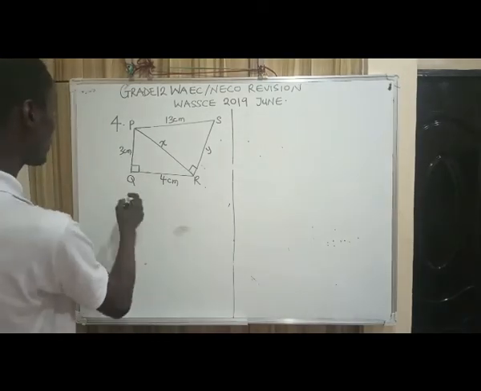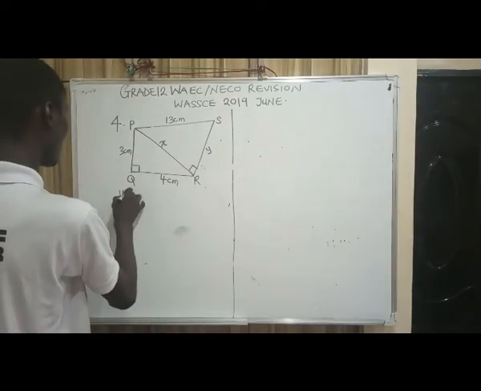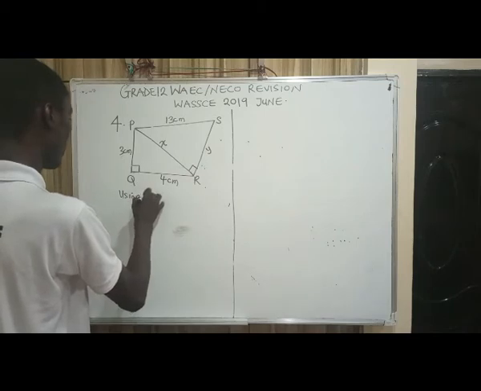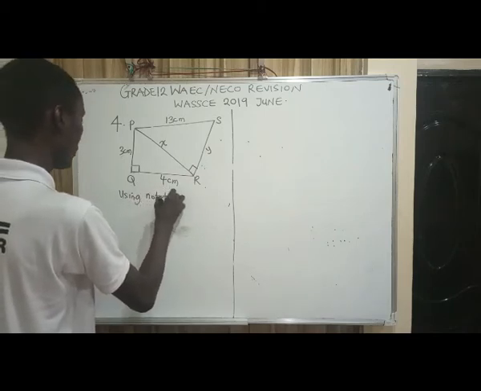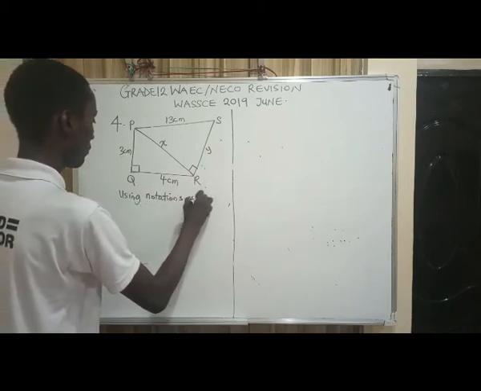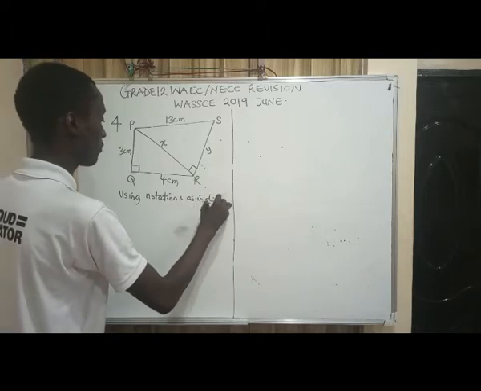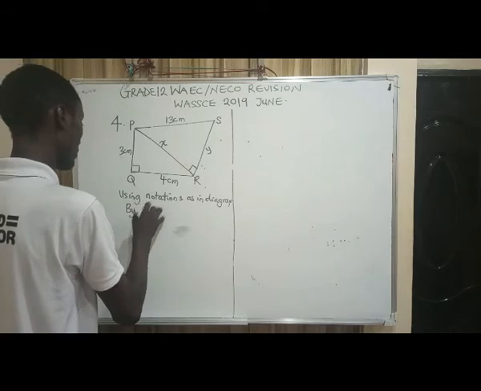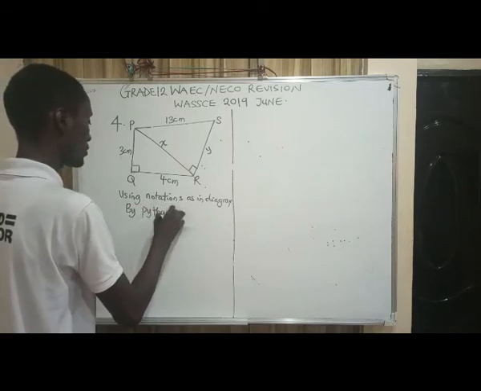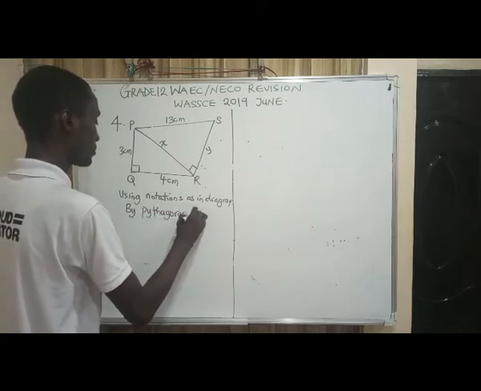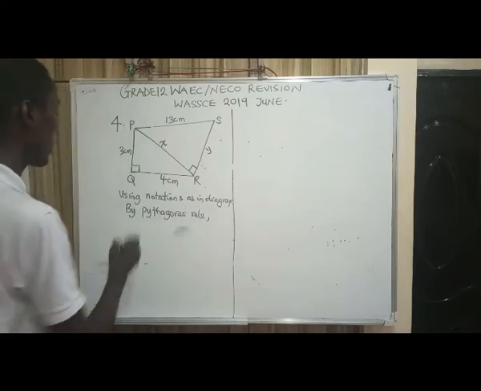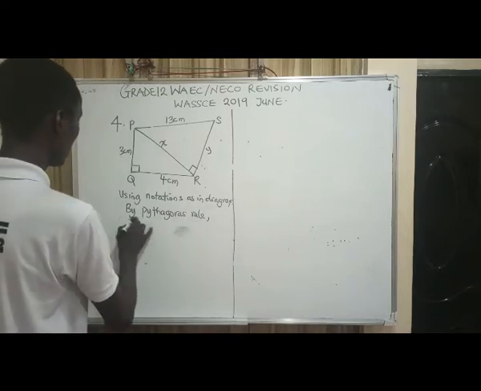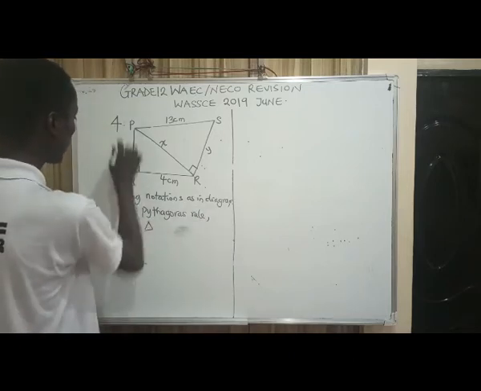So using notation as a diagram, by Pythagoras, because that's the rule I'm going to apply now, in triangle PQR.